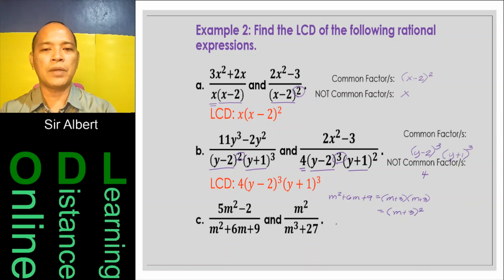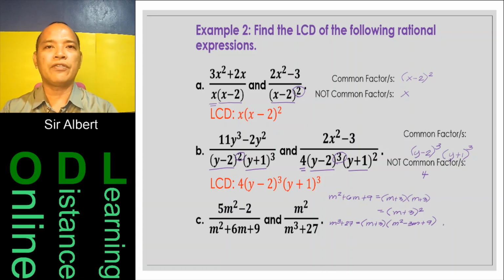For the second denominator of m cubed plus 27, this is going to be the sum of two cubes. So the way we factor it, it's going to be m plus 3 times the trinomial factor of m squared minus 3m plus 9.